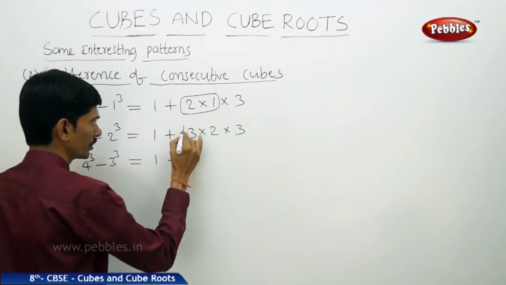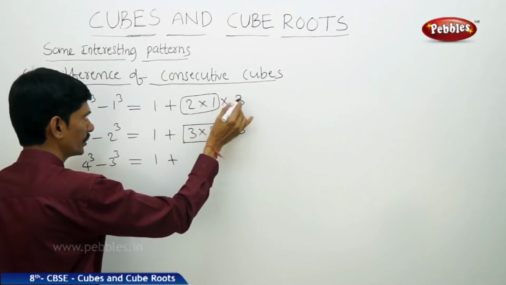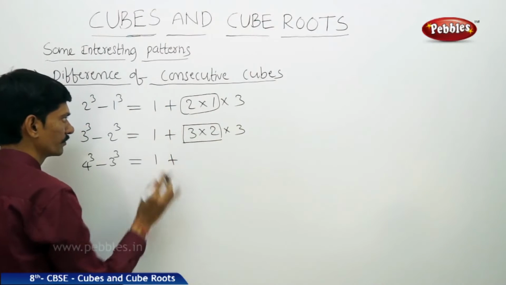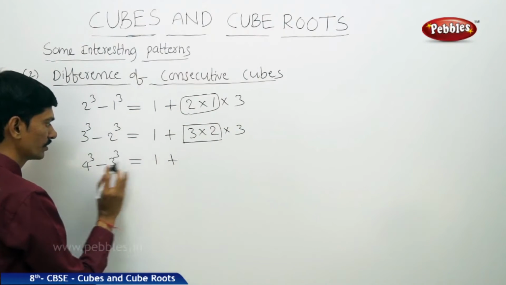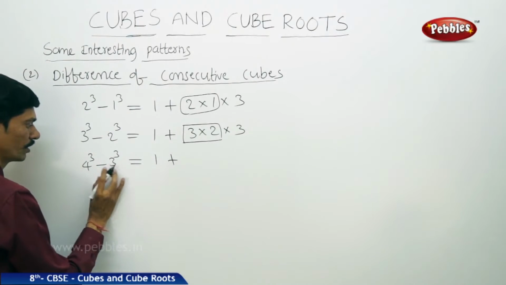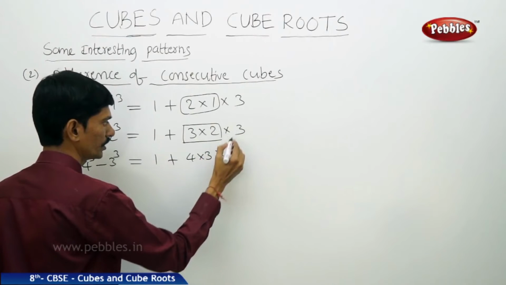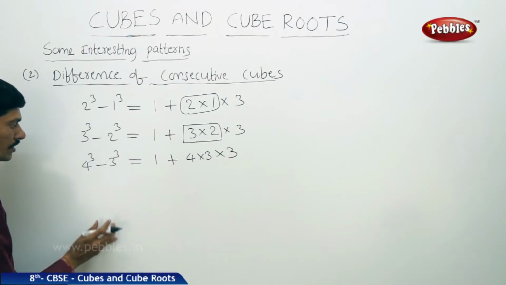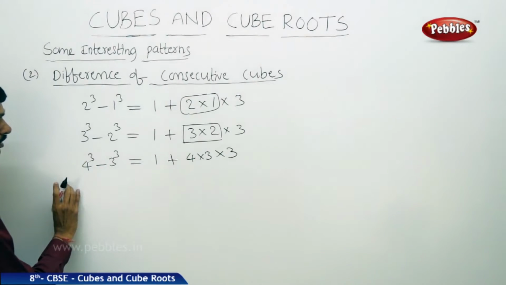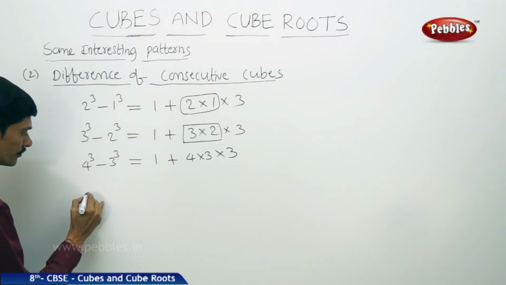So here also you can observe that 3 2, and 1 3 are the same in every step. So here also 1 plus, we can write the product of these two numbers, 4 into 3 into 3 is the same. Next, in the same way we can write the difference of any two consecutive cubes, like 7 cube minus 6 cube.